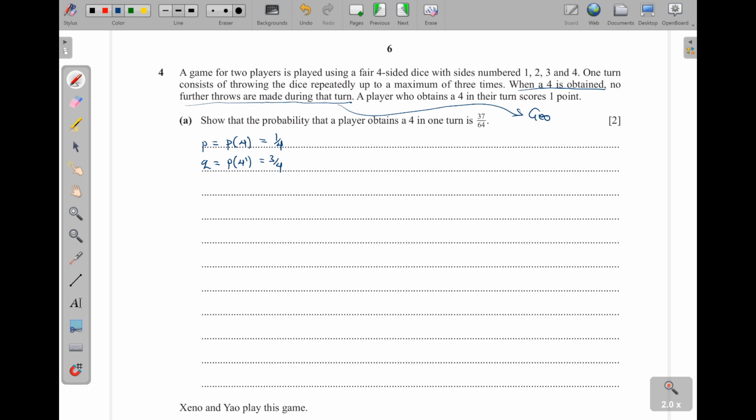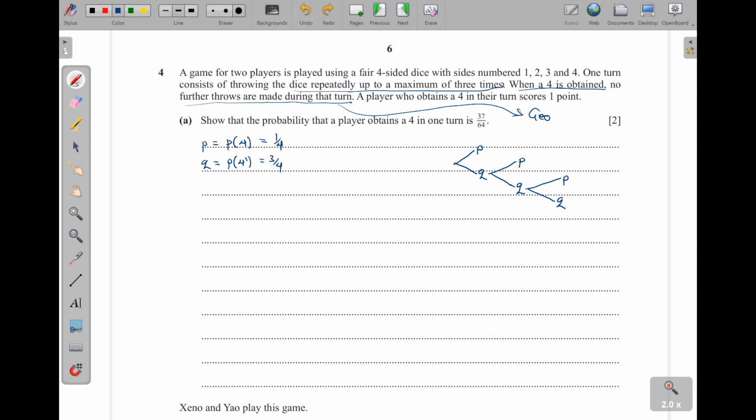And for a turn, they said that it is thrown repeatedly up to a maximum of 3 times. So when you throw, you can get the success or you can get the failure. So when you fail, then you can continue and throw again. You get the success. If you fail, then you can throw another one. Okay? So this one here is our turn.